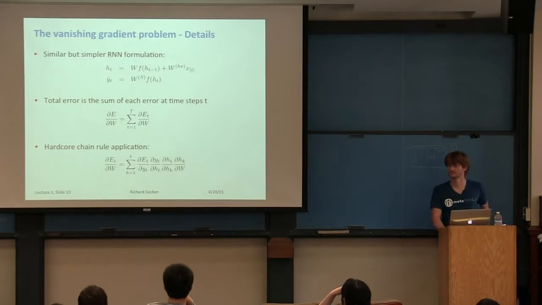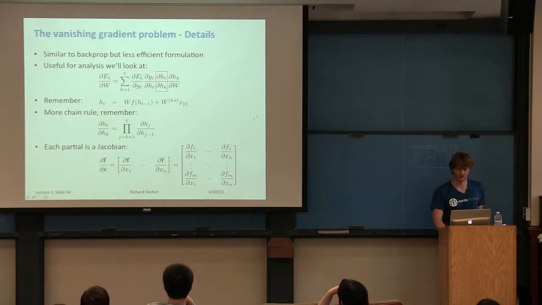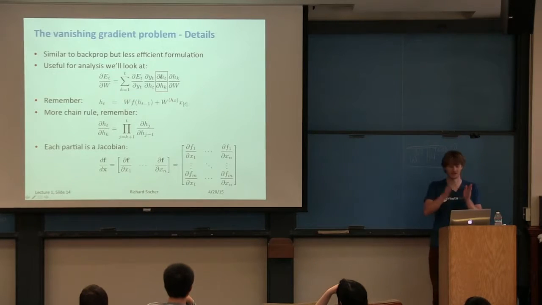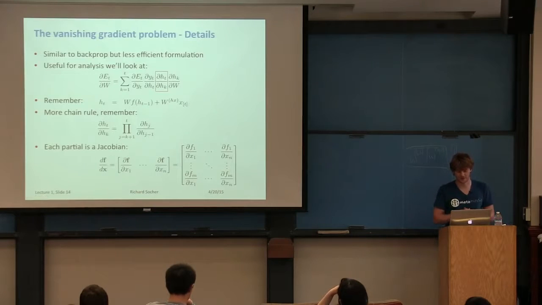So now, of course, that particular element, the partial of h_t with respect to h_k, will also have to have the chain rule, right? Because we'll sum here from k equals 1 up to t.